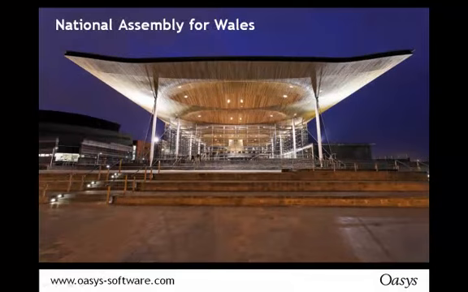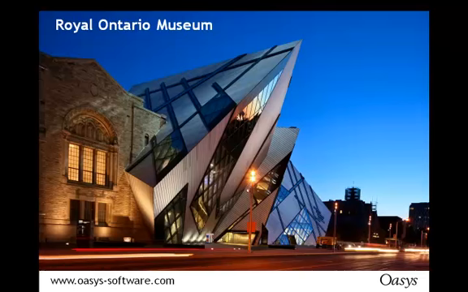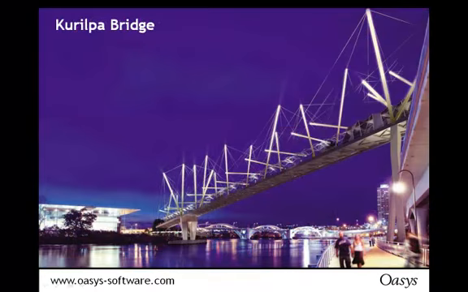National Assembly for Wales, a building in Cardiff Bay for the government there. Or in Toronto, the Royal Ontario Museum, an interesting piece of deconstructionism. Footbridges: this is a tensegrity grid structure in Sydney, Australia.